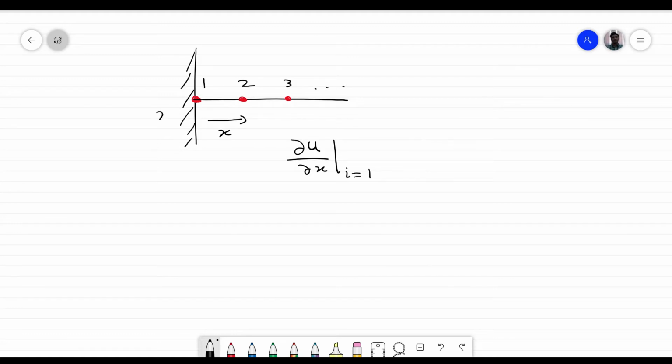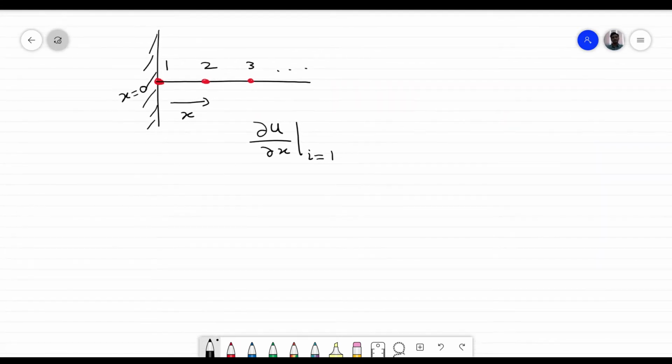This is x, and this is x equal to 0. Now how do you do this? There is an approach called the polynomial approach. You can derive the result using Taylor series expansion also, but it is easier to do so with this polynomial approach.